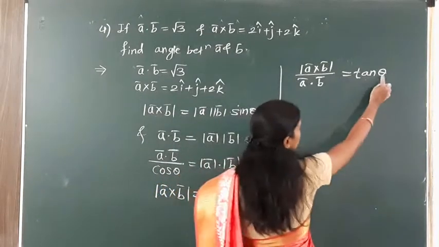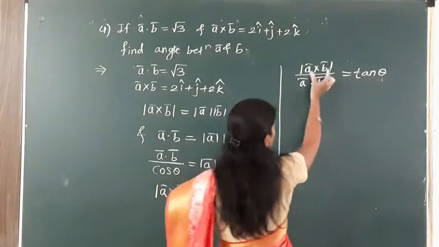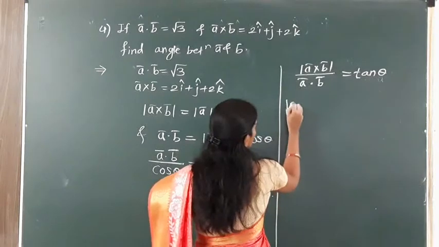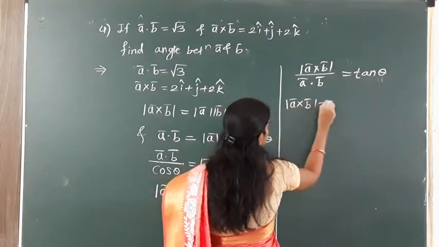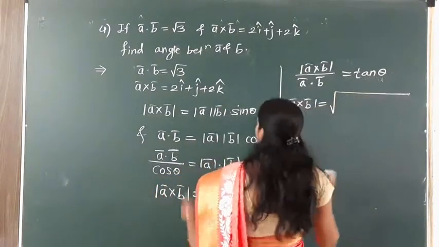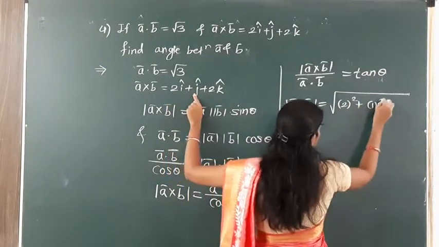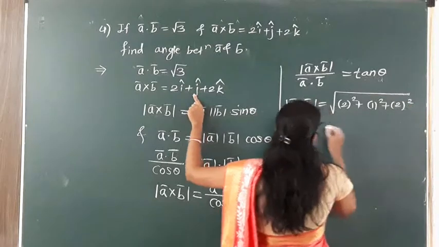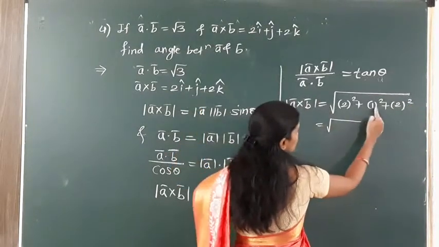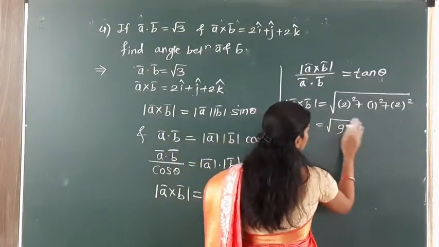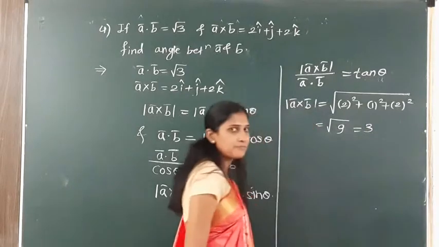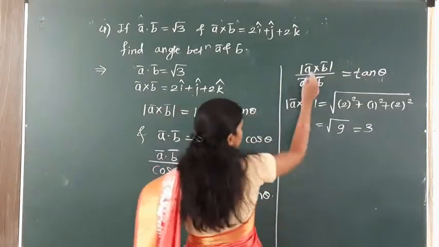Now it is very simple to find theta. Firstly we have to find its modulus. So mod of a bar cross b bar is equal to the square root of 2 square plus 1 square plus 2 square, which is 4 plus 1 plus 4, that is root 9, which is equal to 3.